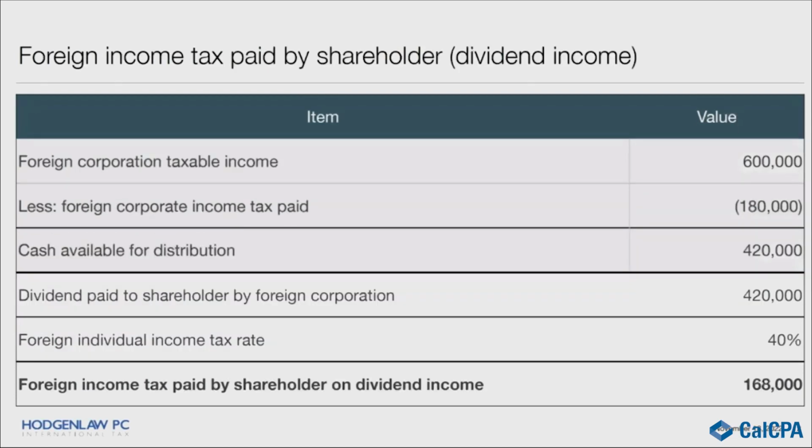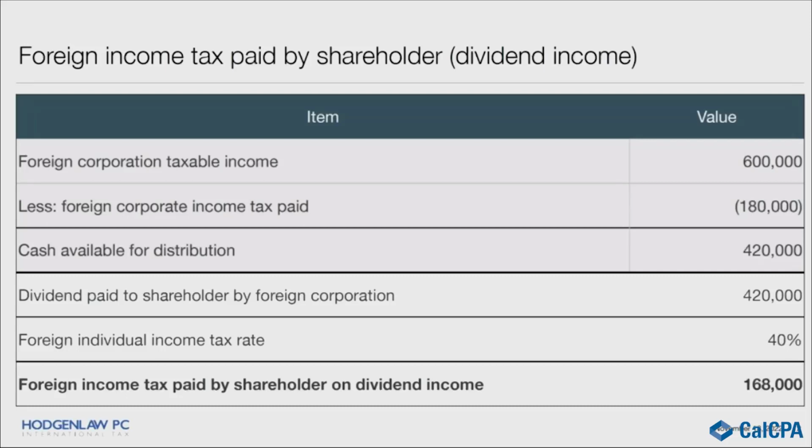Next, we have foreign income tax paid by the shareholder. So remember that the individual shareholder is living in a foreign country, is a resident taxpayer there, and is taxable on his or her individual income, which includes a dividend. So what's the amount of the dividend? Well, it's $420,000 because the corporation started with $600,000, paid $180,000 of foreign corporate income tax, and has $420,000 left over.